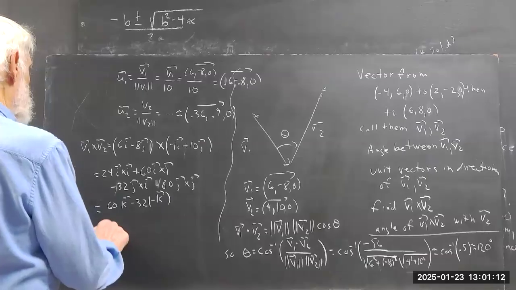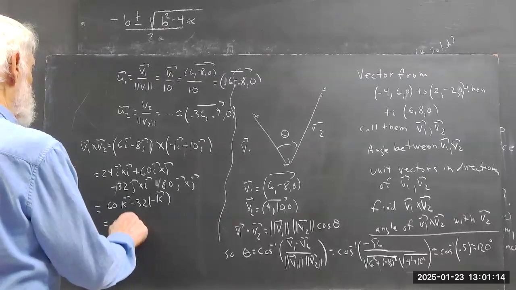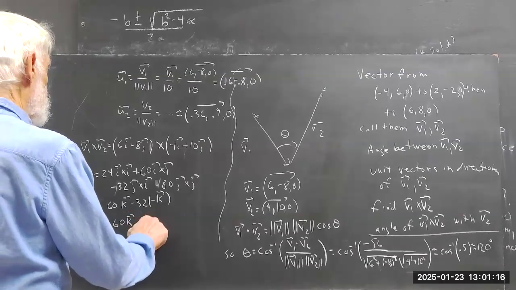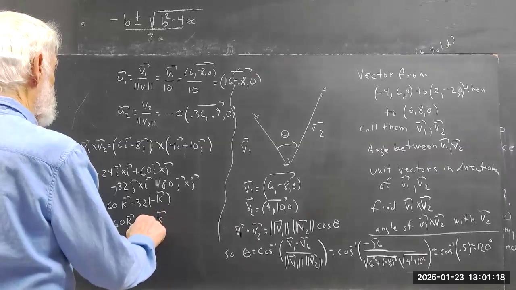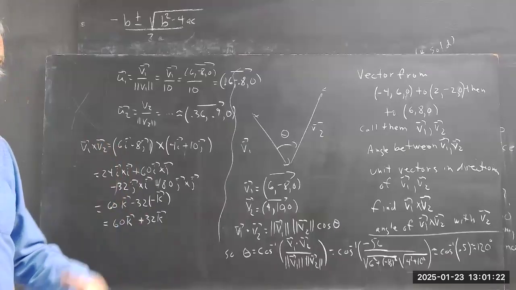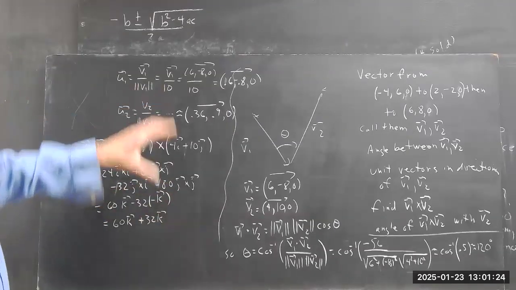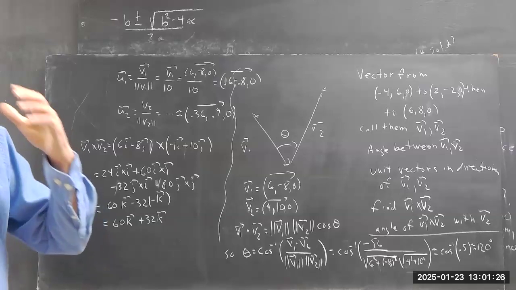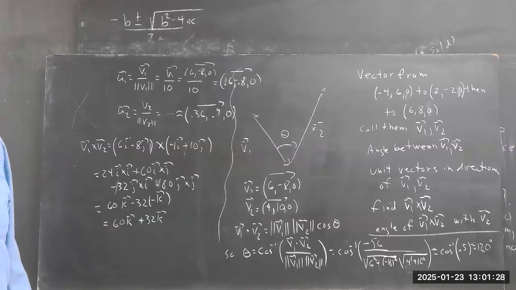Sometimes the determinant is longer than what we're doing here and less confusing. If each of these vectors has a component that's 0, it's easier to use the distributive law than it is to use the determinant. But you can do it either way you want. You save yourself a little time.